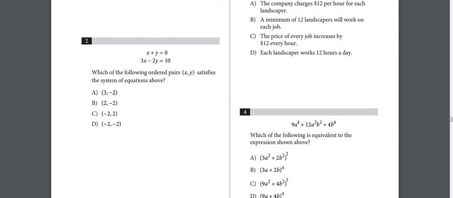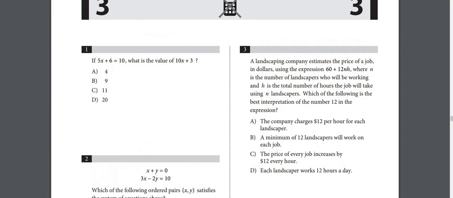Alright, let's move on to question 3. A landscaping company estimates the price of a job in dollars using the expression 60 plus 12NH, where N is the number of landscapers and H is the total number of hours.